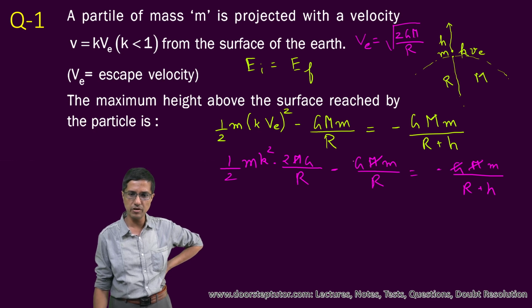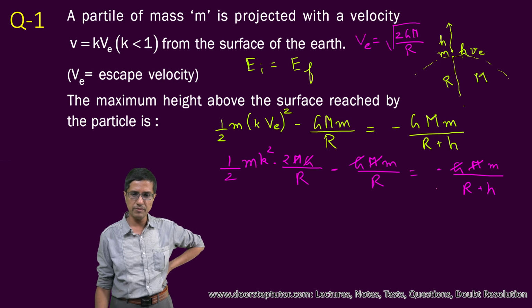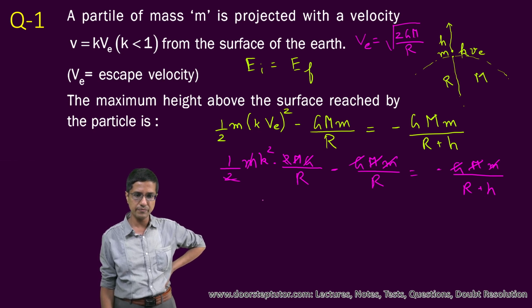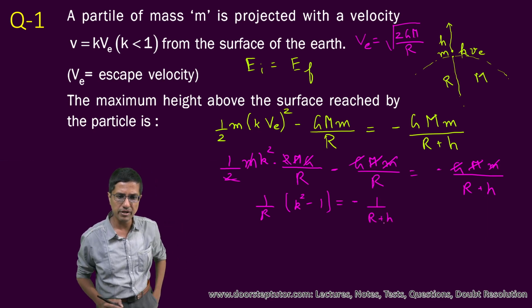Similarly, G is common, it can go from everywhere. R cannot really be cancelled because here we have r plus h, but this small m can also go. In all terms, 2 and 2 can go. So here what we have is 1 by r into k squared minus 1 is equal to minus 1 by r plus h. Very simple, nothing complicated.